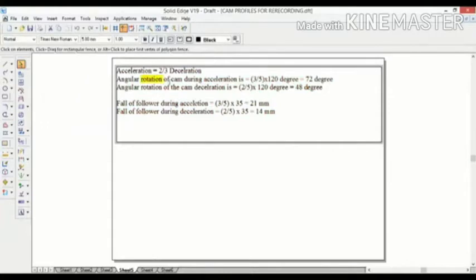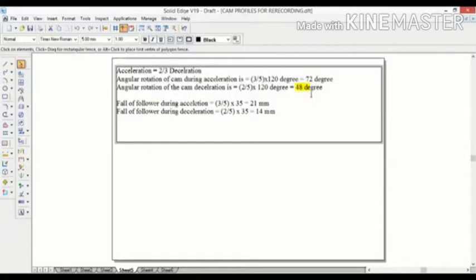So angular rotation of the cam during acceleration will be 3/5 multiplied by 120 degree. That gives us 72 degree. So out of 120 degree, 72 degree is the angular rotation for acceleration, and the remaining 2/5 times 120 degree gives us 48 degree.